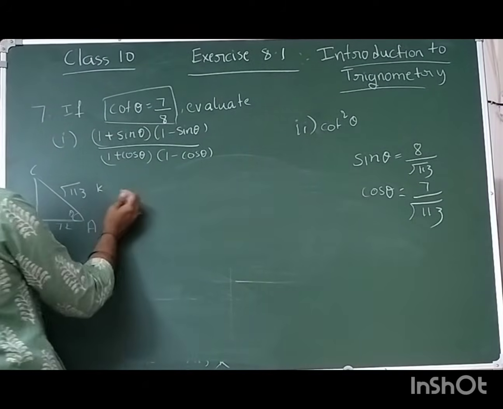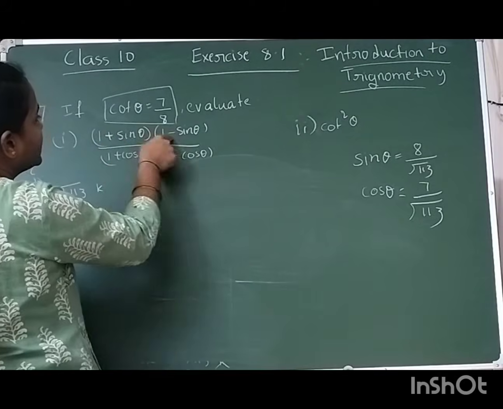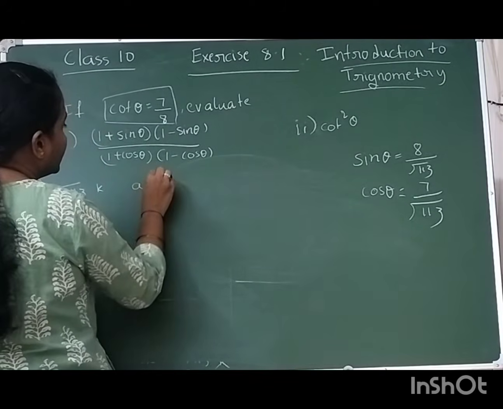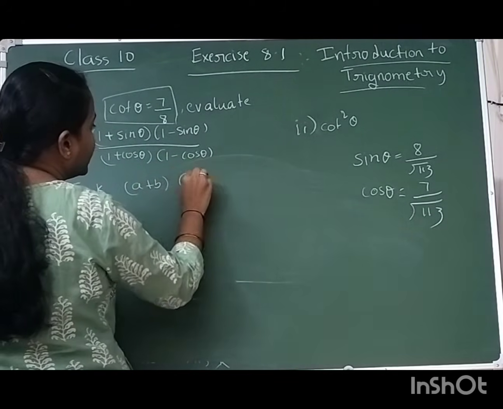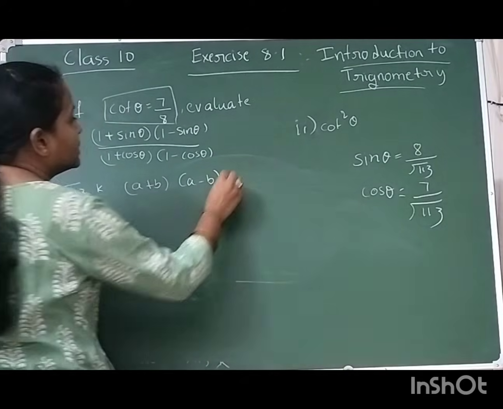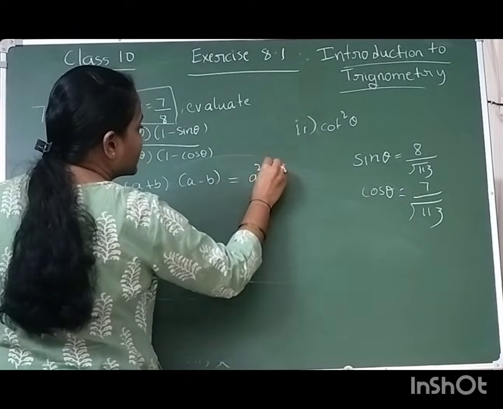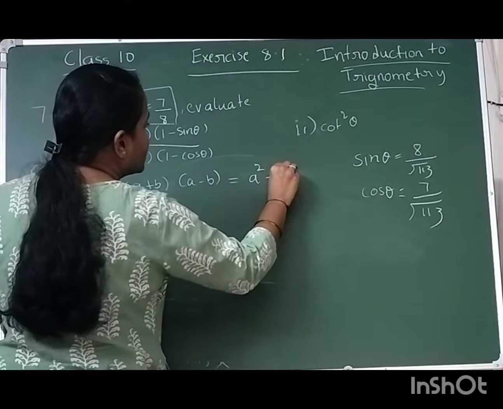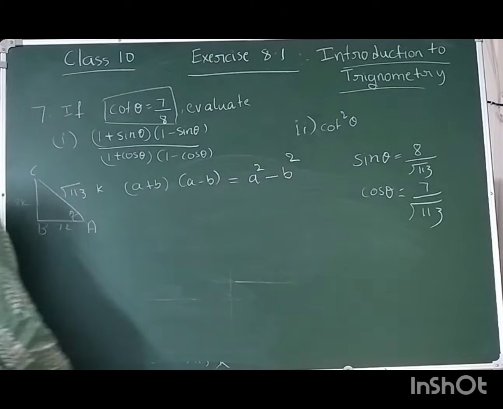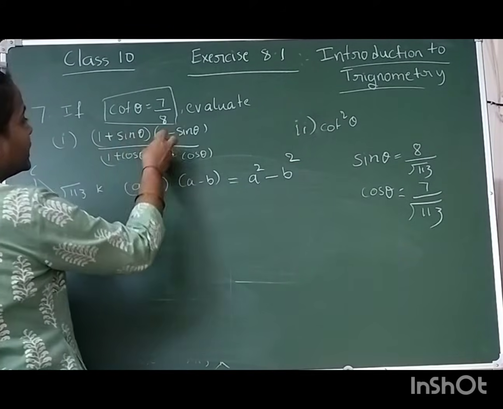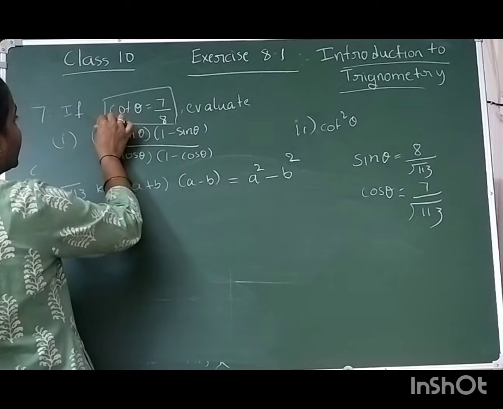Given question is in the form of (a plus b)(a minus b). So we know the identity (a plus b)(a minus b) is equal to a square minus b square. Applying this identity to the given problem, we'll get the solution.